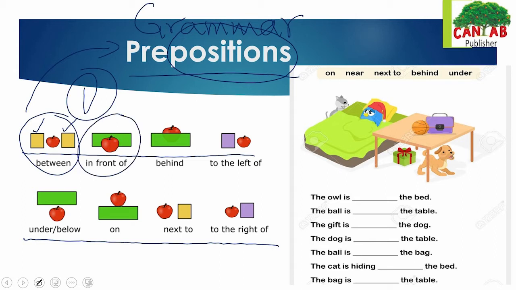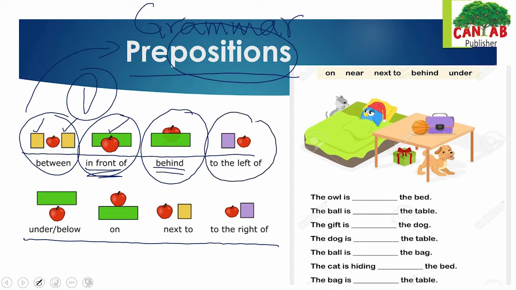In this circle, the apple is in front of the green rectangle. In this circle, the apple is behind the green rectangle. Now the apple has moved to the left of the purple box, or square. Now the apple is moved under or below the green rectangle.